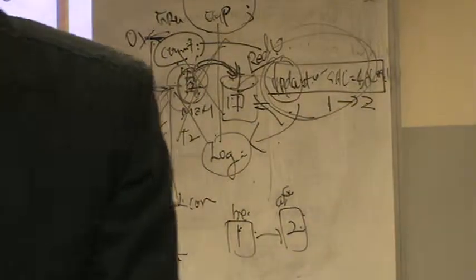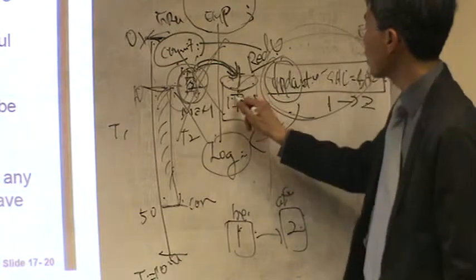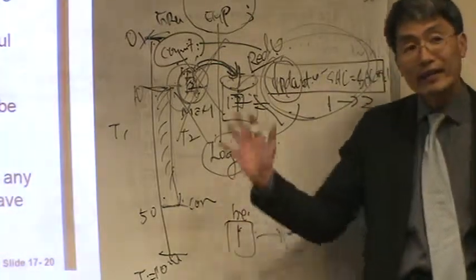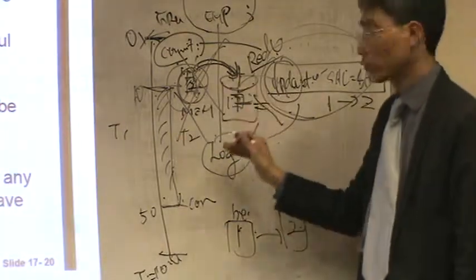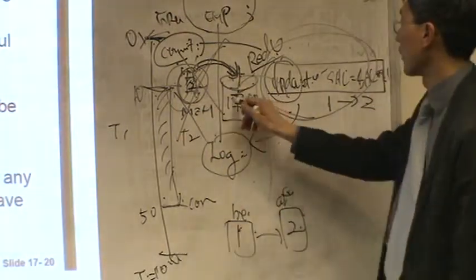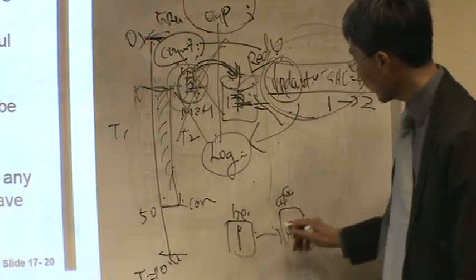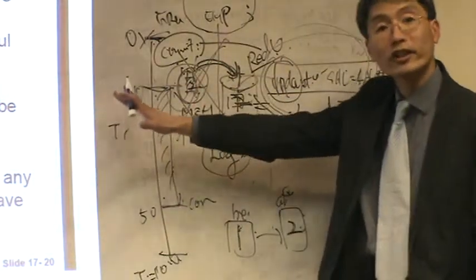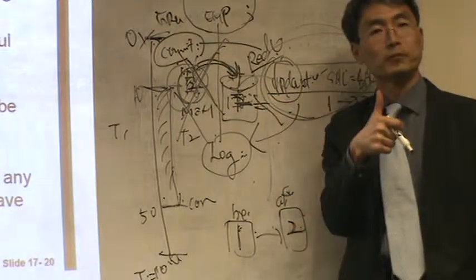So even though it's not committed, this data changes. In case of a rollback, you can go back using the before image. But say the before image is 1, the after image is 2, and it's not committed yet. But the system crashes. So this one is supposed to be 1.